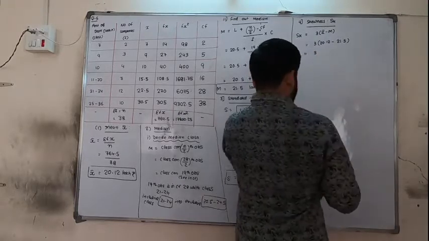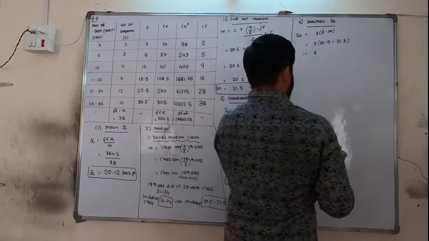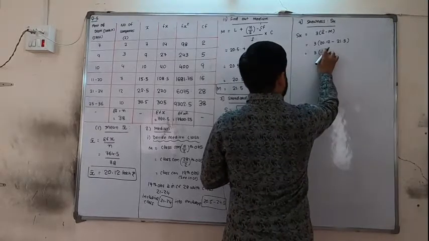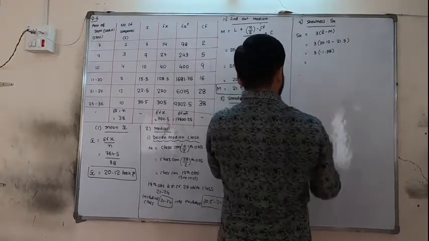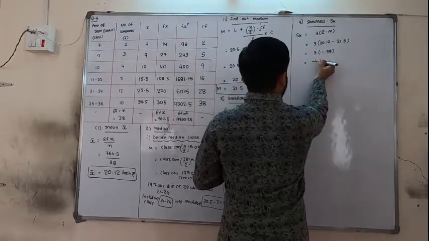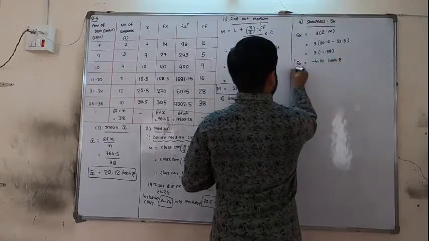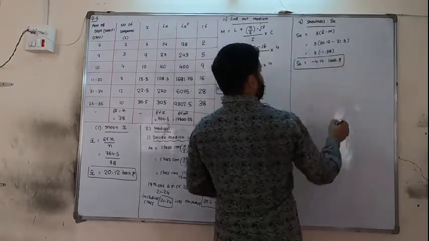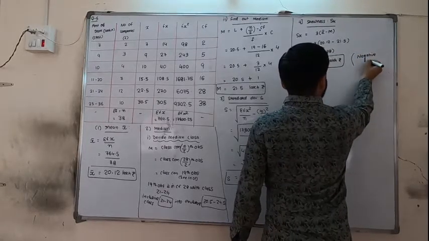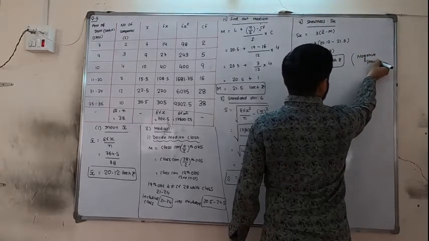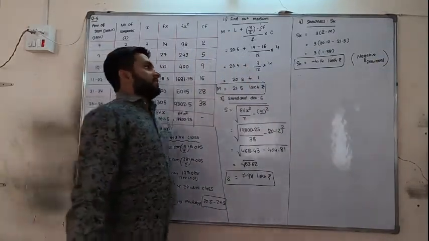So 20.12 minus 21.5 is minus 1.38, into 3, so minus 4.14 lakh rupees. Here only you can decide it is negative skewness, or at the time of finding the coefficient also there will be a negative answer.